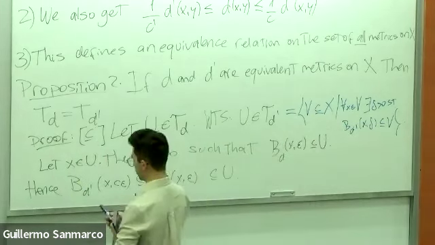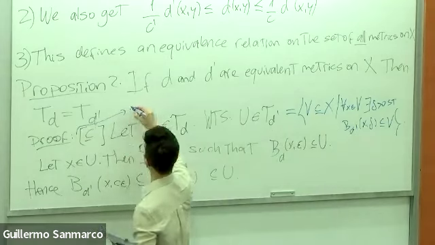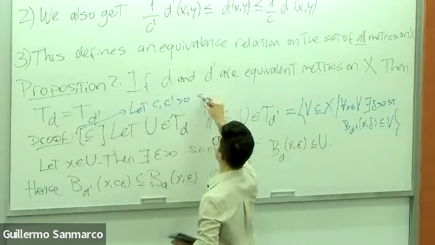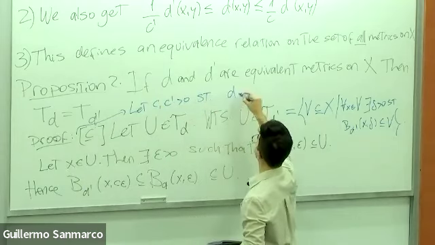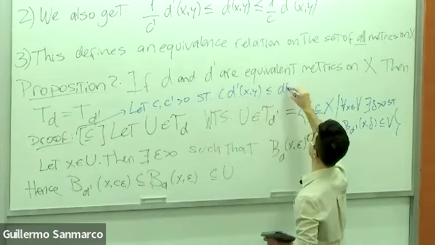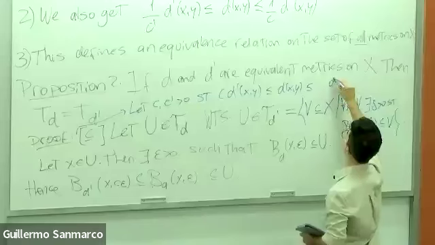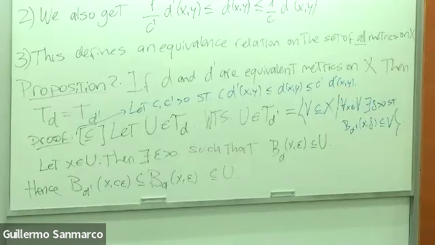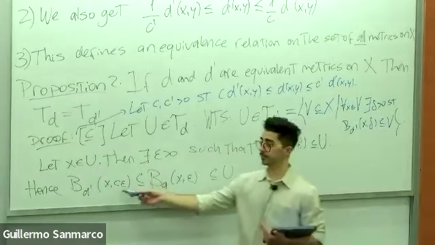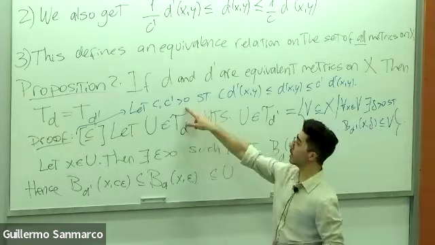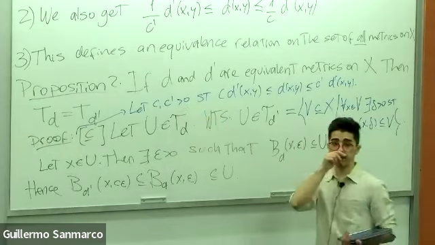Before I start my proof, I should say: let C and C prime be positive real numbers such that the distance prime from x to y multiplied by C is smaller than the distance from x to y, which is smaller than the other distance multiplied by C prime. Now I'm using that C over here. C's exist, or we can just use them straight from the definition. Oh, you know they exist from the definition. Yeah.